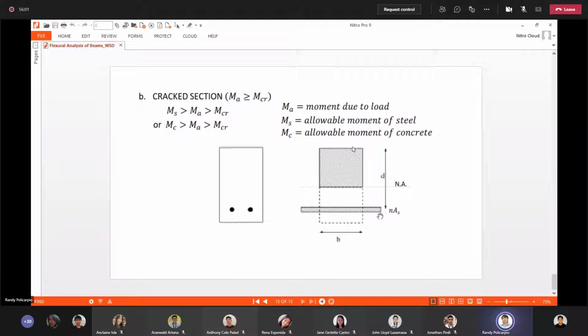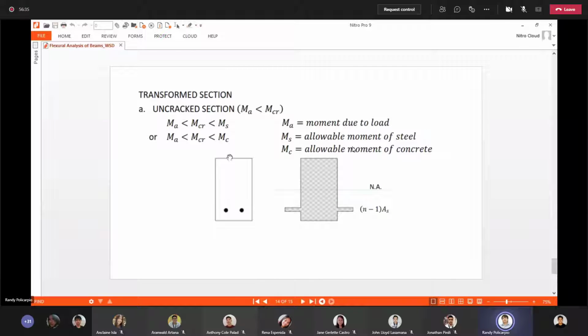Now for the cracked section, the neutral axis divides yung ating concrete sa kanyang compression and tension, no? Wherein pag crack na yung section natin below the neutral axis, yung ating konkreto dito crack na, kaya hindi na natin kino-consider yung below the neutral axis because the concrete here is already cracked.